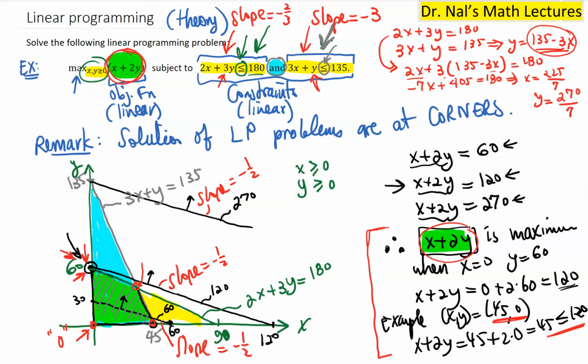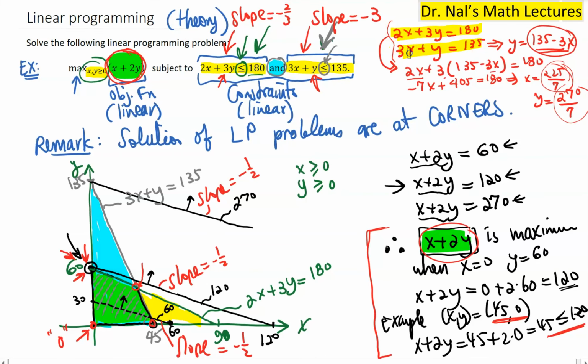270 over 7. And one thing you can do is plug these 2 values into the original 2 constraints, these 2 equations. Let me highlight them, this one and then this one, to see if they really satisfy the equations, which I think they do.